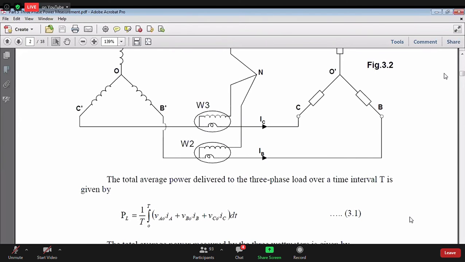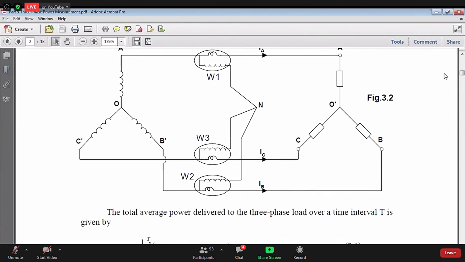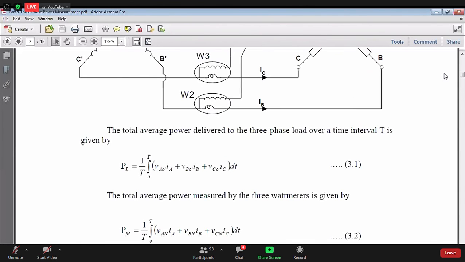So what is the power of A phase, if somebody asks? The voltage is VAO prime, the current is IA, so you multiply these two and integrate over 0 to T, where T is the time period of our voltage and current cycle, which is 2 pi.